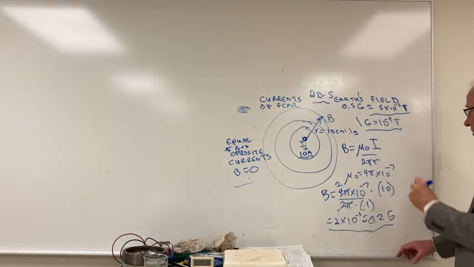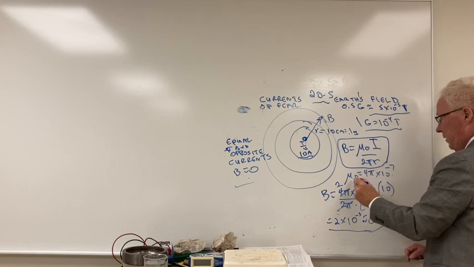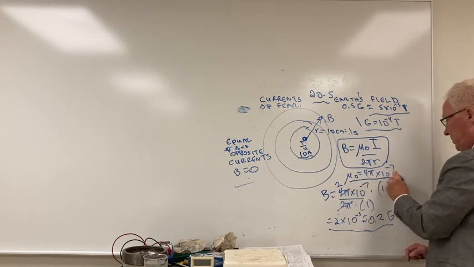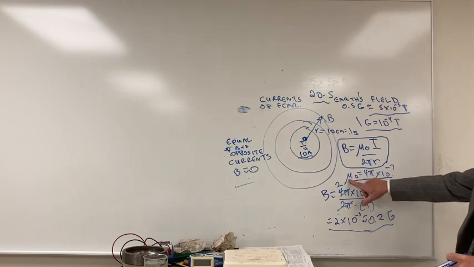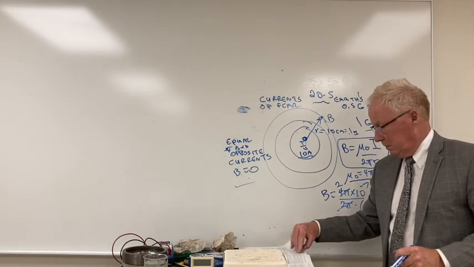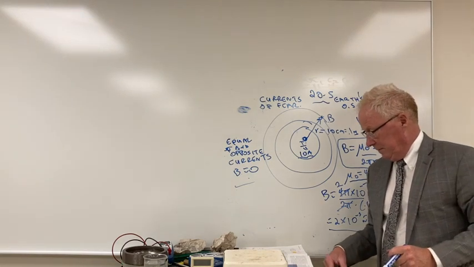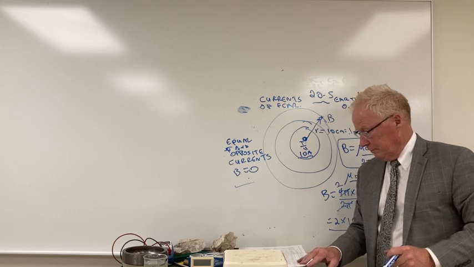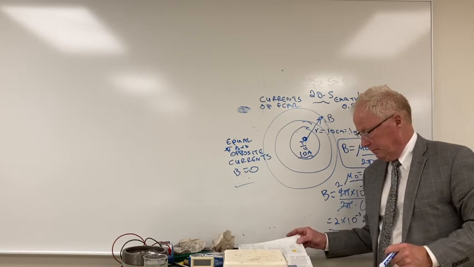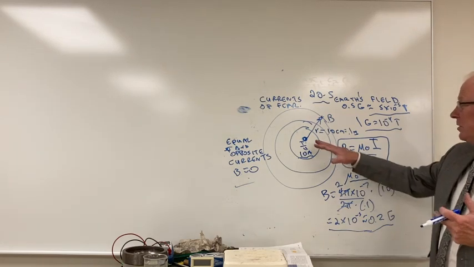So this is our expression: B is mu naught I over 2 pi r, where mu naught is this number here, and that's the Greek letter mu. I'm skipping 20.6. And then I'm going to do a little bit on other ways to produce magnetic fields, since this is for a straight wire.